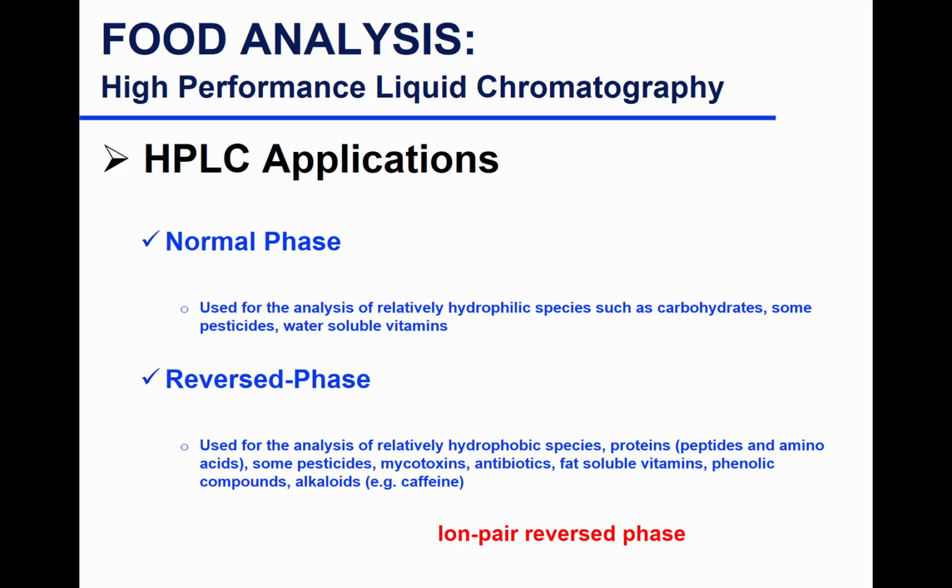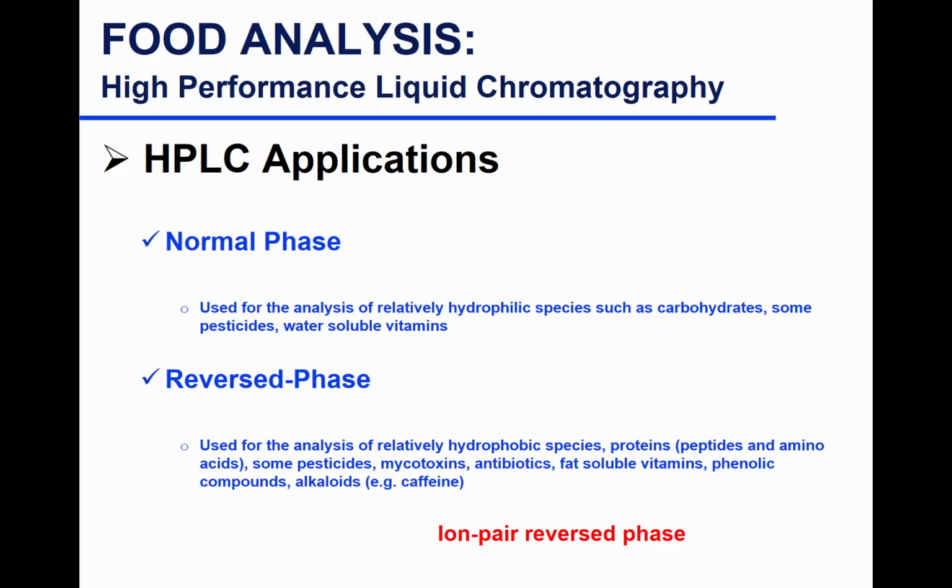So if you remember that concept, you will remember that when you use normal phase, you have a polar stationary phase and a non-polar mobile phase. So for this kind of system, mostly polar compounds will be separated and analyzed. So in this case, carbohydrates, some pesticides that are polar (you have non-polar pesticides, you have polar pesticides), and water-soluble vitamins.